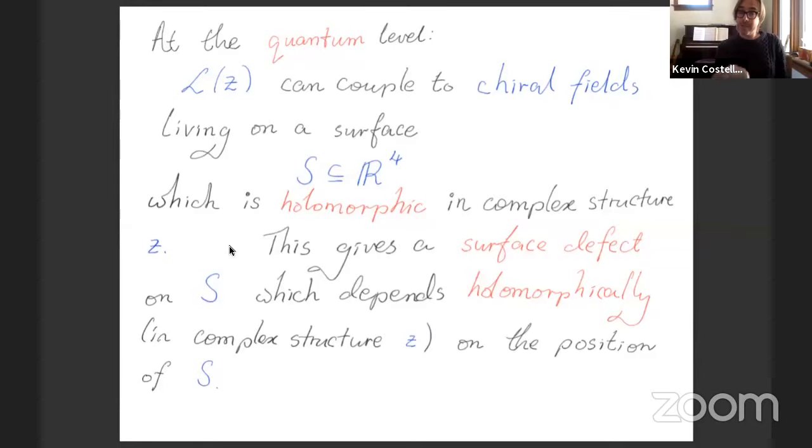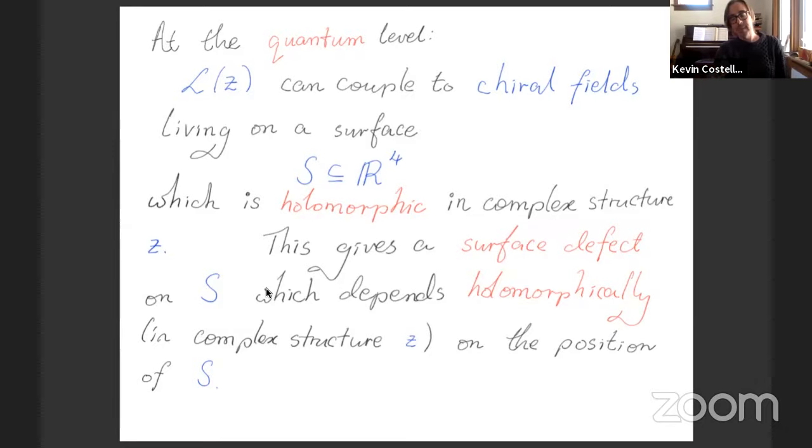But another feature of the Lax equation: in the 2-dimensional case, the Lax equation told us that when I vary my path ordered exponential, the charge didn't change. So here we have something similar, but because the Lax equation is of a holomorphic nature, this tells us that the surface defect doesn't change when I vary its position.